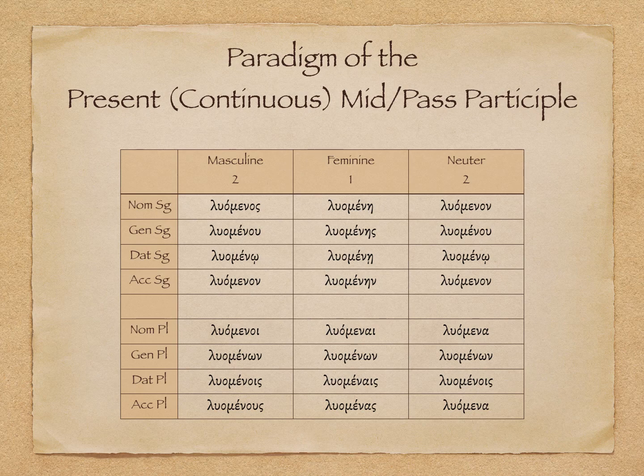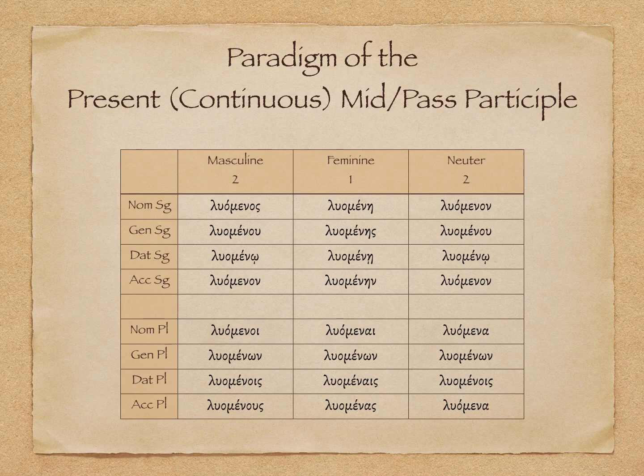Notice again the regularity of the neuter, nominative and accusative singular, nominative and accusative plural. And the similarity as well in the genitive and dative singular, genitive and dative plural between masculine and neuter, so we're dependent upon context, and the middle passive present or continuous participle genitive plural is the same all the way across.